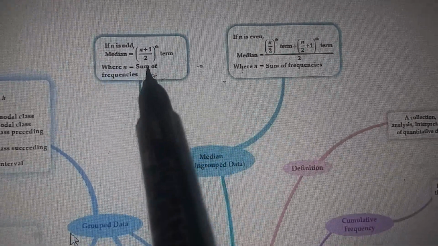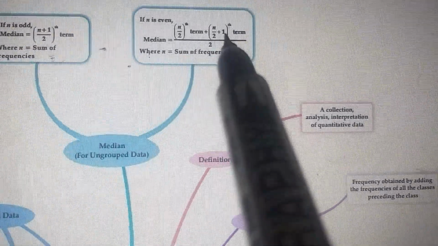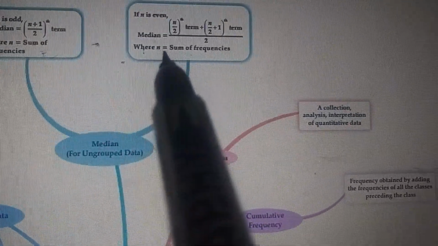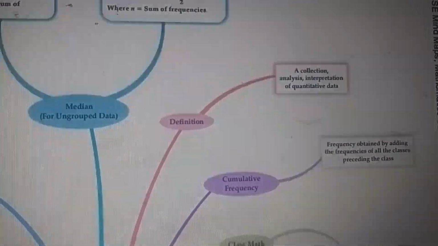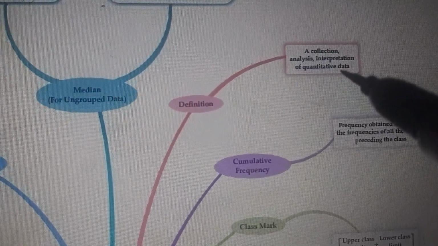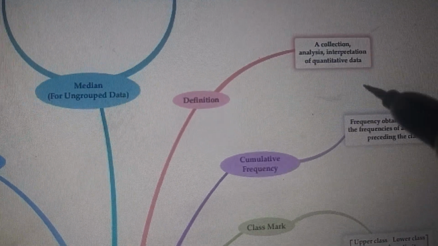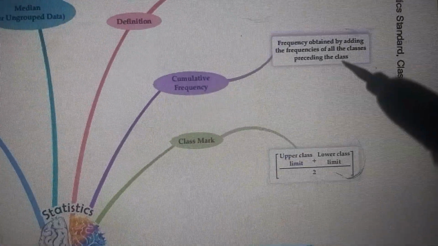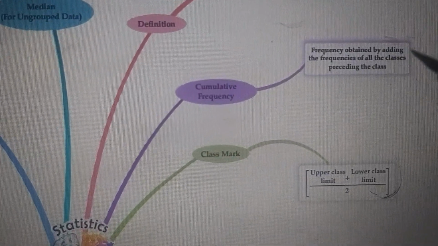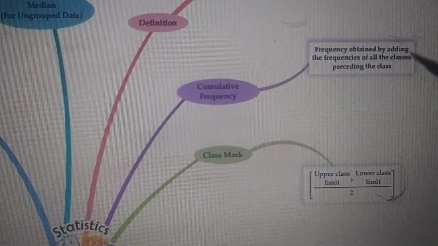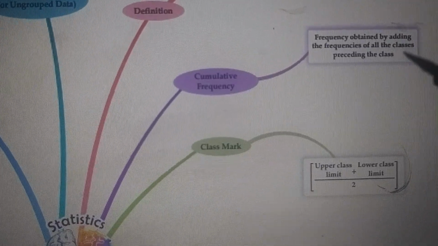And the median is the (n plus 1) by 2 th term; for even n, it is the n by 2 th term plus the (n by 2 plus 1) th term, where n is the sum of frequencies. Statistics is the collection, analysis and interpretation of quantitative data, and cumulative frequency is obtained by adding the frequencies of all the classes preceding the class.